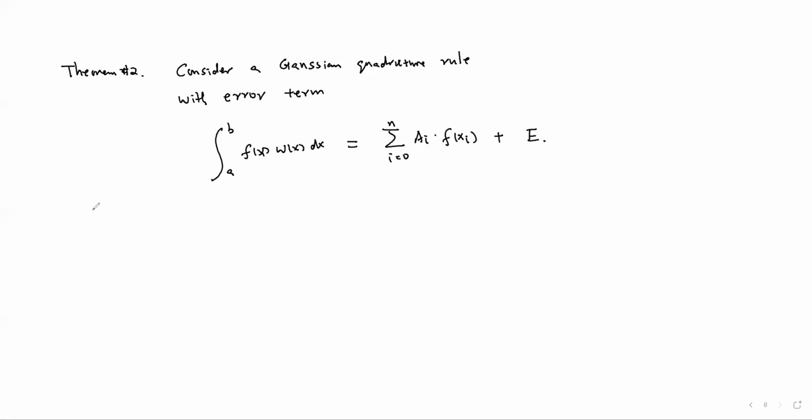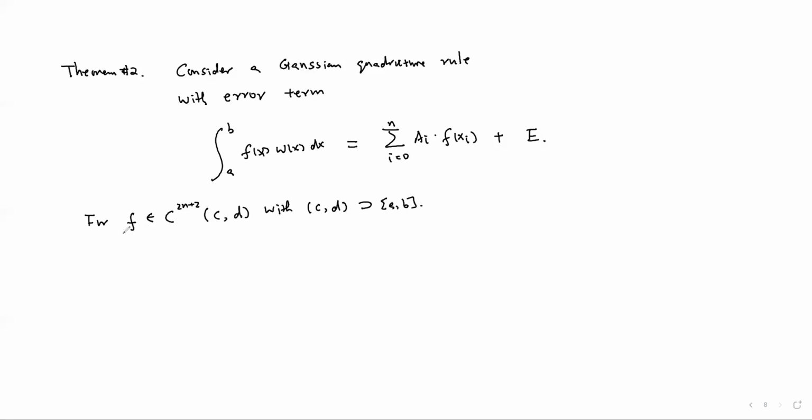Suppose the function f is smooth enough, in the set C^(2n+2) over some open interval (c,d), where (c,d) contains the interval [a,b].